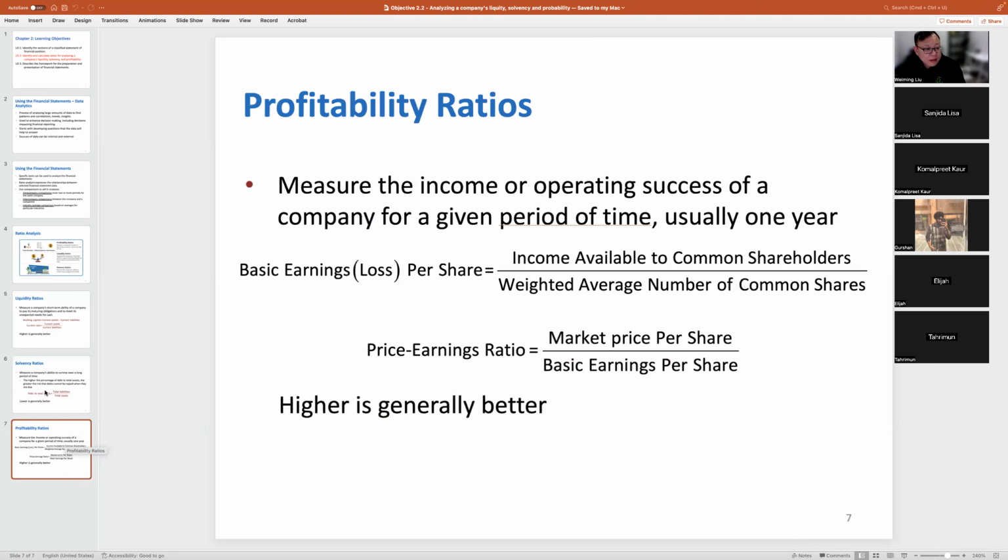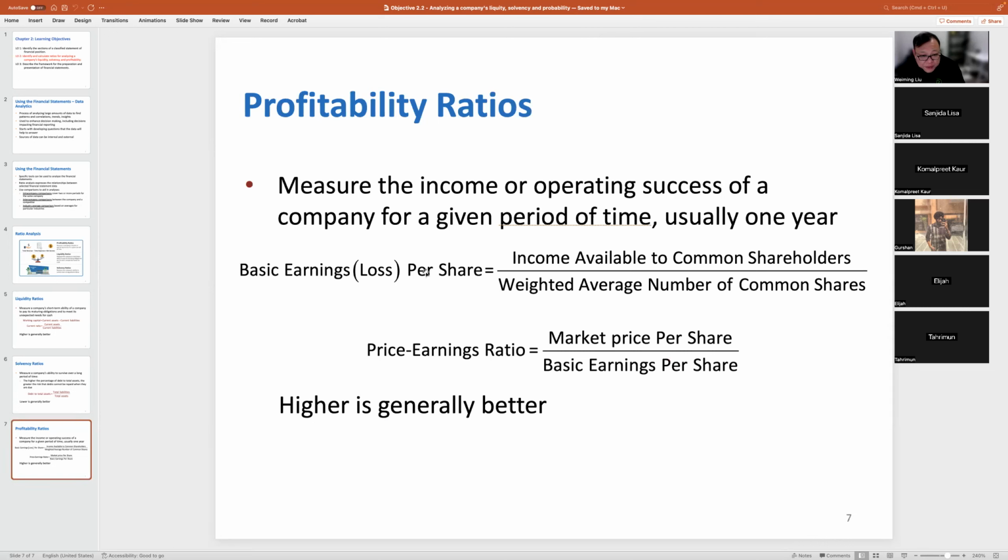Okay, and the last one here is the profitability ratios. This one measures the income or operating success of a company for a given period of time, usually 1 year. So within the 1 year, how does the operation do? Is that very successful?